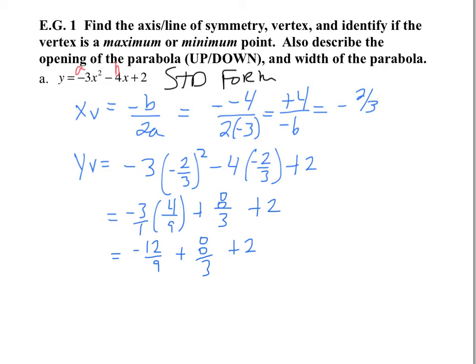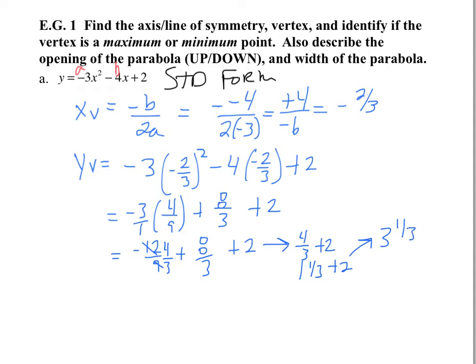So when I reduce this value, this is a negative 4/3. So when I continue to simplify this, I have negative 4/3 plus 8/3 is 4/3 plus 2, which is really the same as 1 1/3 plus 2. And that's going to give me a y value of 3 1/3.